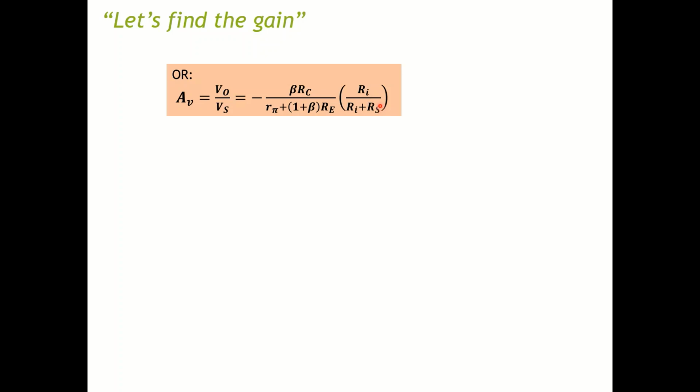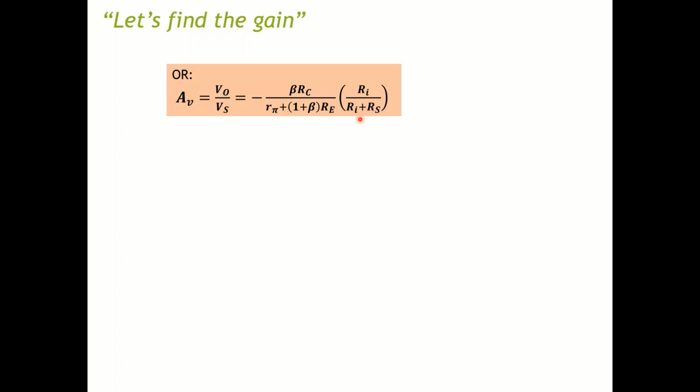Usually you have the input resistance, which is the resistance for your entire system. Then you have the source resistance. In your source you have wire and something, so there's a small resistance there. If this number is relatively smaller, or a lot smaller than this number, what will happen?